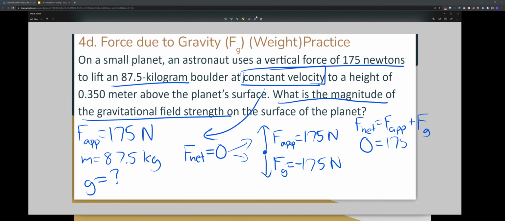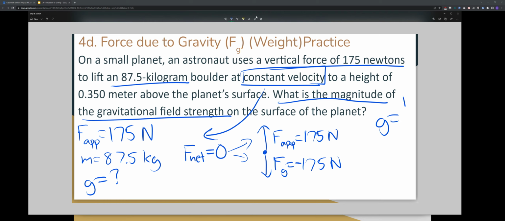So 175 plus negative 175 is 0. My forces are balanced if I'm moving at constant velocity.